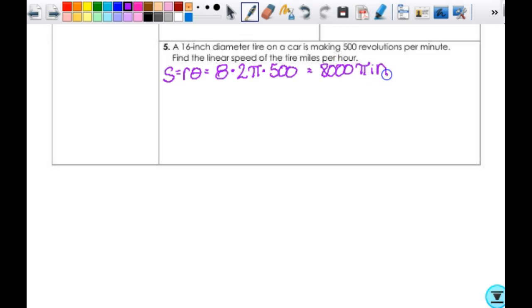Now to substitute this in for velocity, my velocity is just my arc length divided by time. So my arc length is 8,000 pi inches over 1 minute, since this was revolutions per minute. So am I just done and it's 8,000 pi inches per minute?